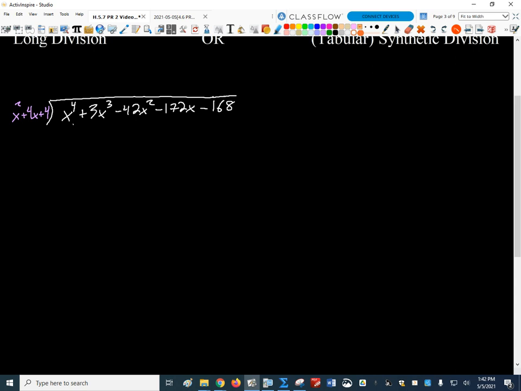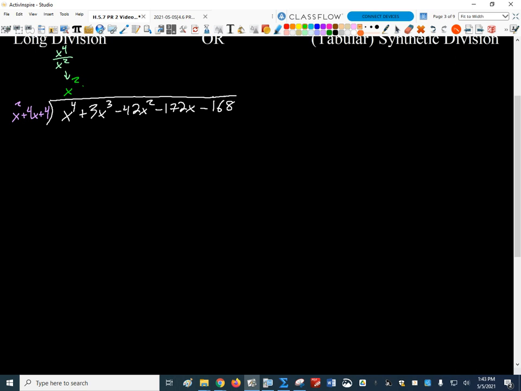X squared, right? X squared times. And we know that because we can just do the math up here. The leading term inside divided by the leading term outside is x squared, right? And then what happens when we get a term in our polynomial above the division bracket? What do we always do?